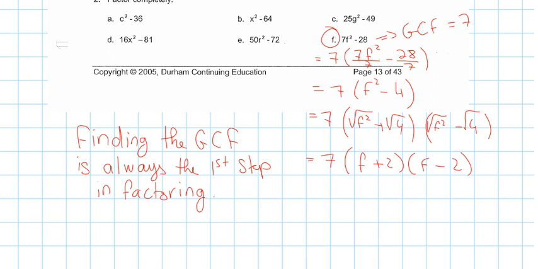50r squared minus 72. Yep. What can you divide 50 by? 2, 25, yeah. So I can divide 50 by 1, 2, 10, 5, 25, and 50, yeah?